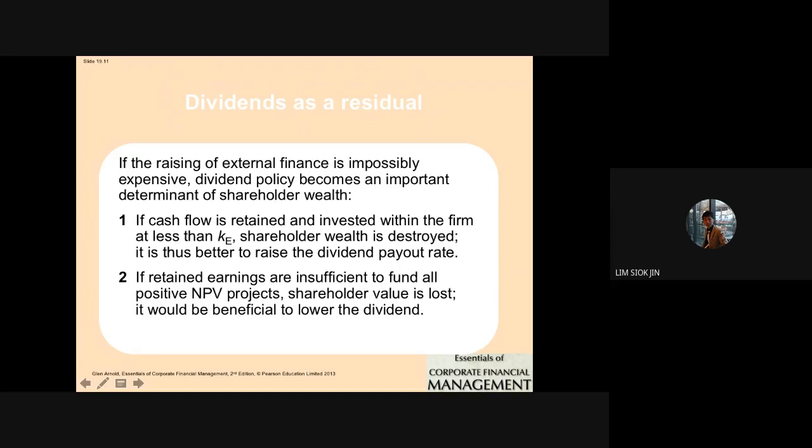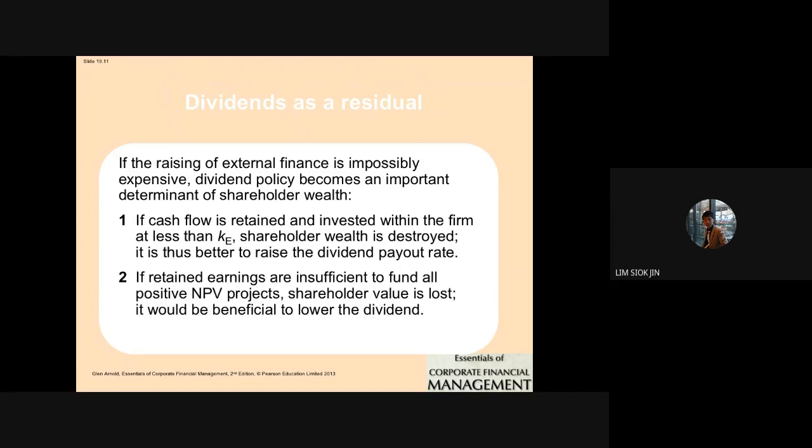If the return from this new project is lower than KE, then give up this project and give the shareholder the money. Don't keep it. All right. The next one is if retained earnings are insufficient to fund all positive NPV projects, shareholder wealth is lost and it will be beneficial to lower the dividend. So if the company decides to pay dividend, by paying dividend it means they have no money to take up this positive NPV project.